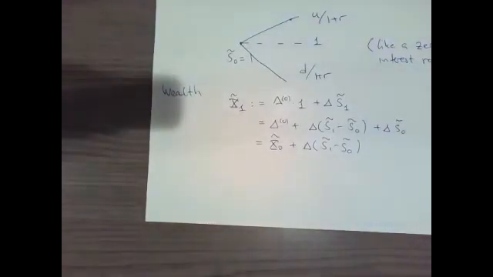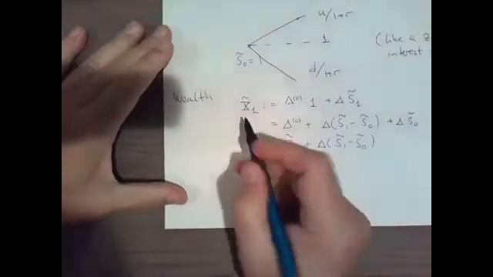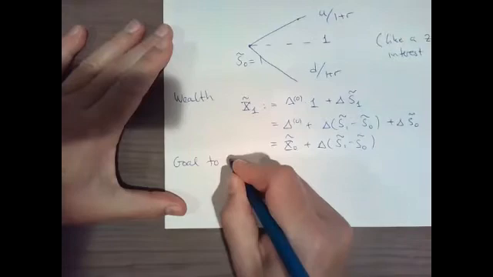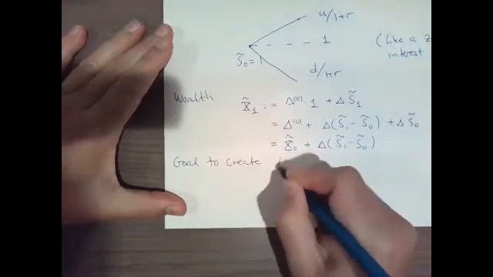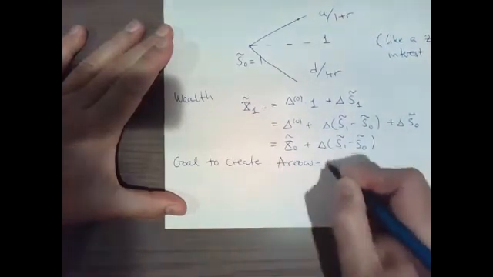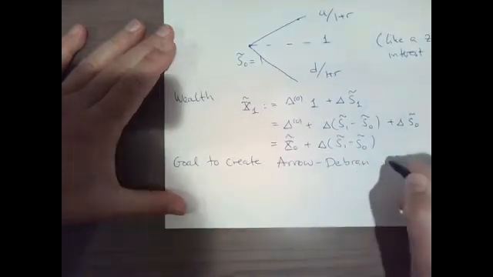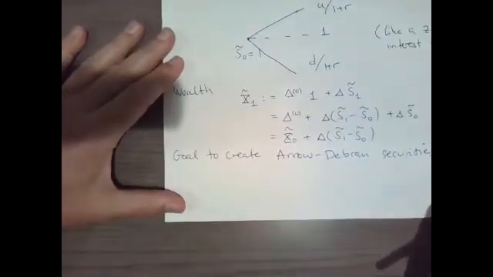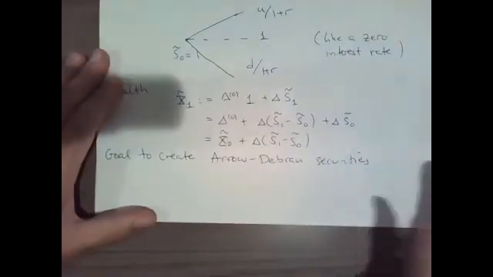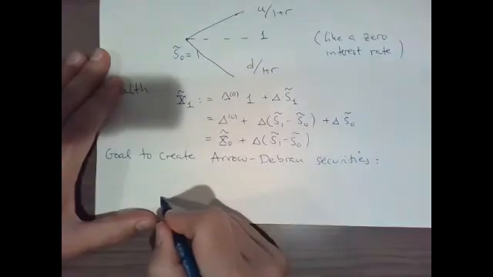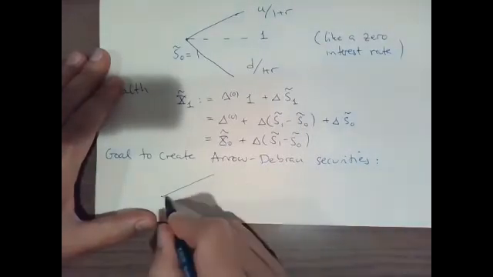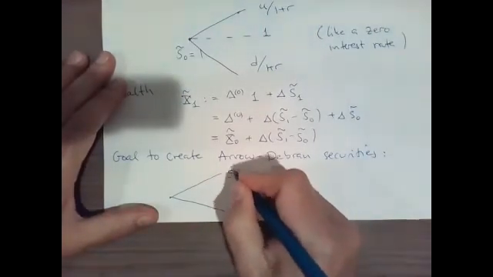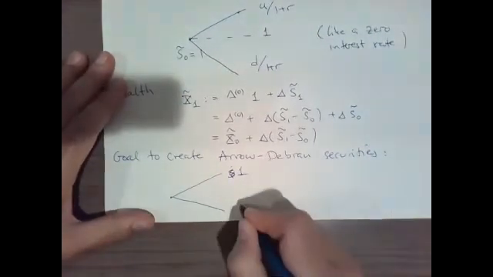Okay. And so the goal is to create what are called Arrow-Debreu securities. And what are Arrow-Debreu securities? These are the ones that look like the following. They have two payouts, two values, so it can either be 1, I shouldn't call them dollars, this should be 1, 0.